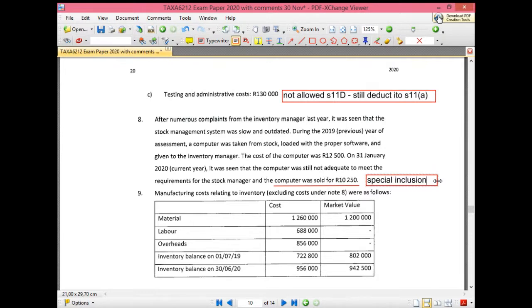It would have been moved to your capital assets. But because of the fact that it was trading stock, moved to capital assets, and then disposed of later, it is specifically included, similar as trading stock. Okay, so this was a specific inclusion.